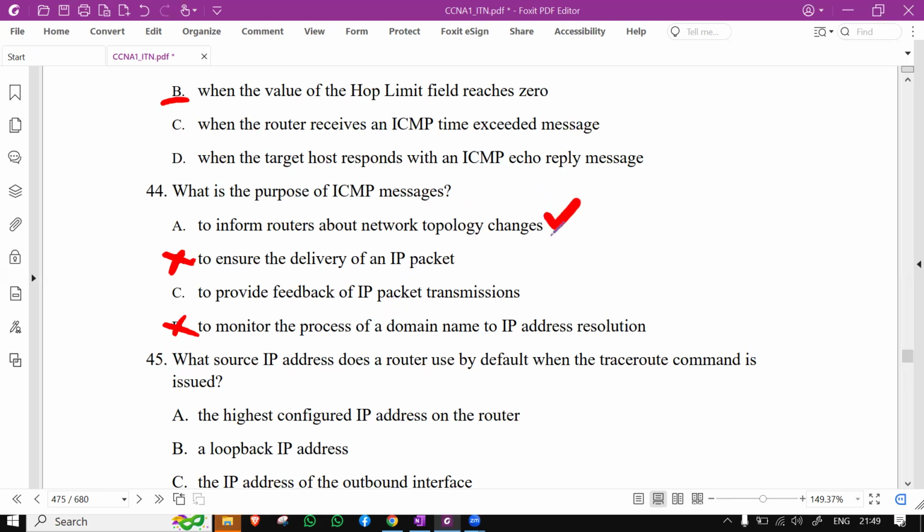I'm swayed to this one, to provide feedback of IP packet transmission. What feedback? Because we know ICMP is used for ping. Ping basically is used to confirm if there is connectivity. It does not ensure the delivery. Ensuring the delivery, that's something else. I can take this one, provide feedback, but I'm not so sure.